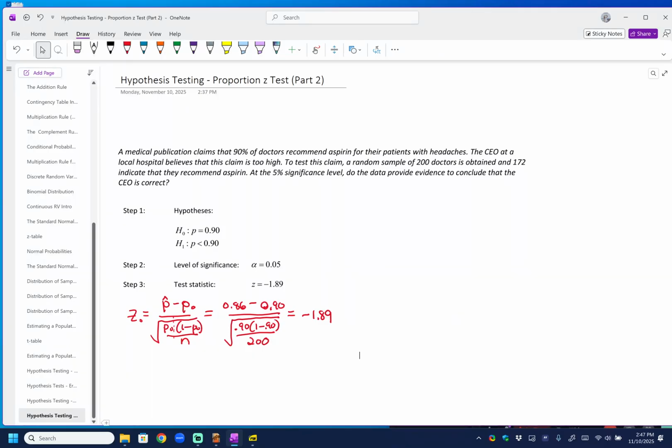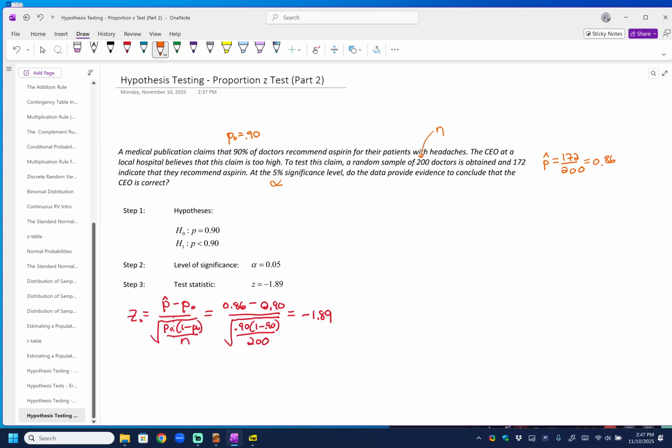Okay, so just remember that p sub 0 is 0.90. P hat was 172 over 200, which ended up being 0.86. And of course, our n in this problem is 200, and alpha is 5%.